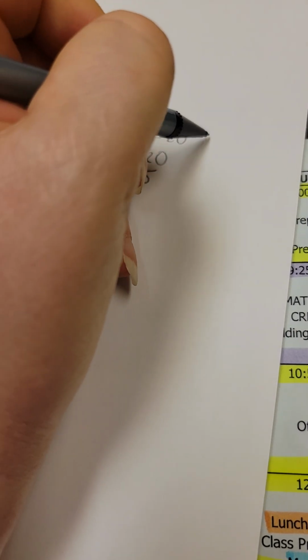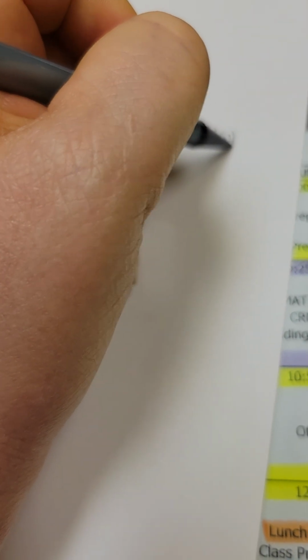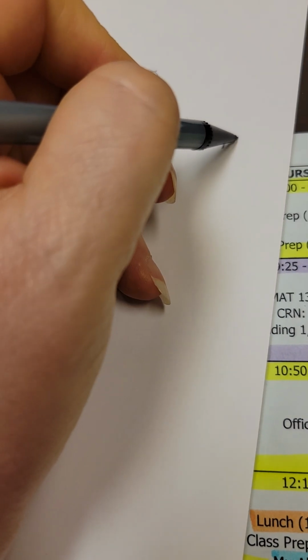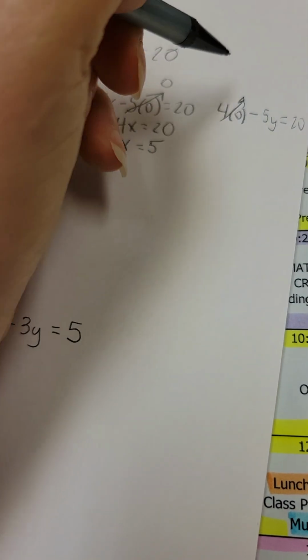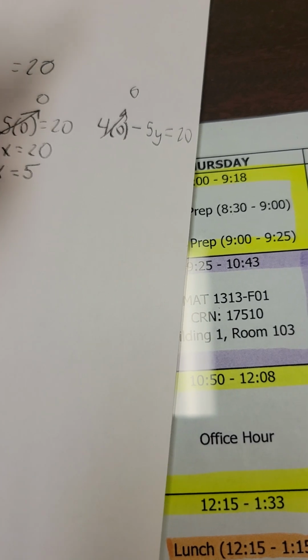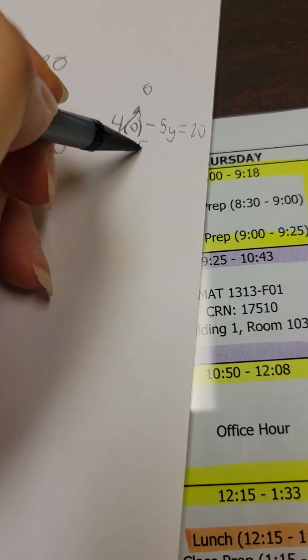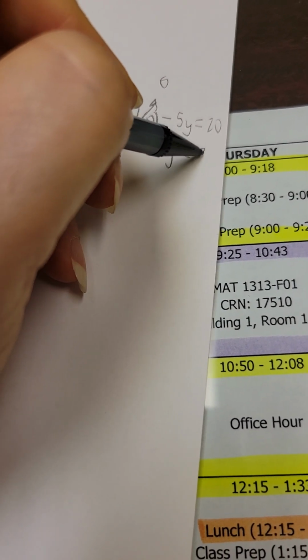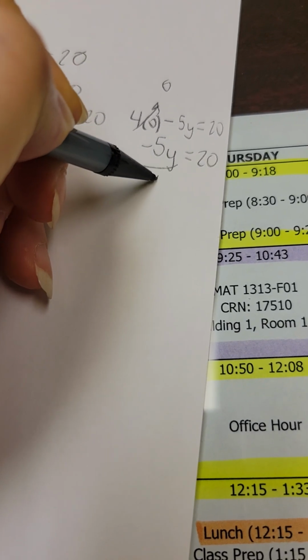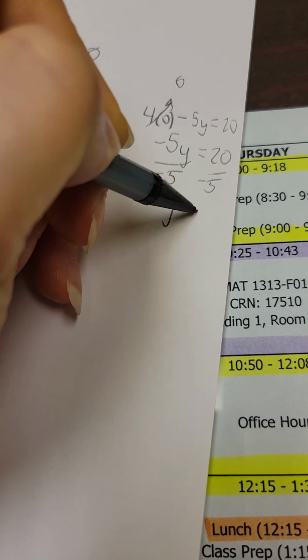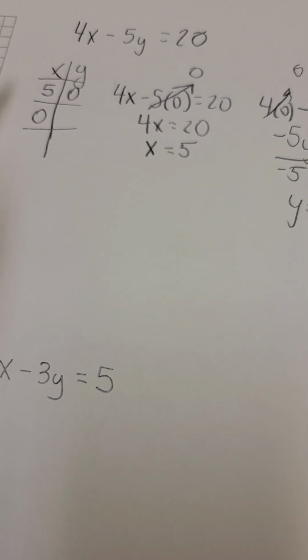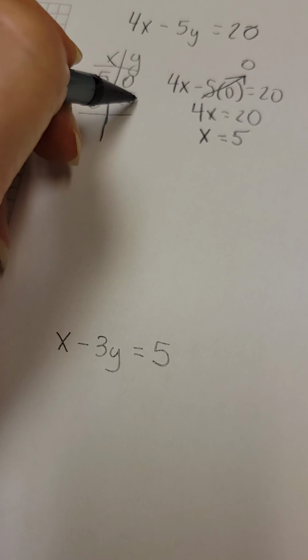Then we do 4 times 0 minus 5y equals 20. That goes to 0. So I get negative 5y equals 20. Divide by negative 5. Y equals negative 4. So I'll put that in my table.